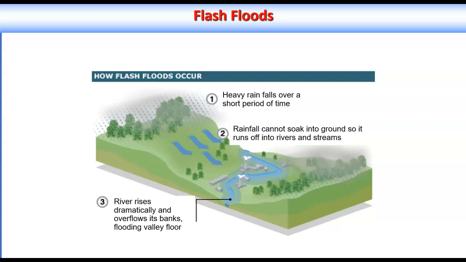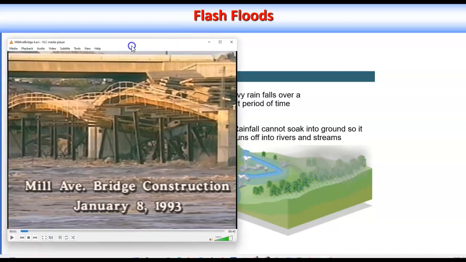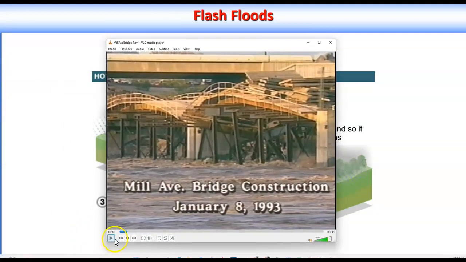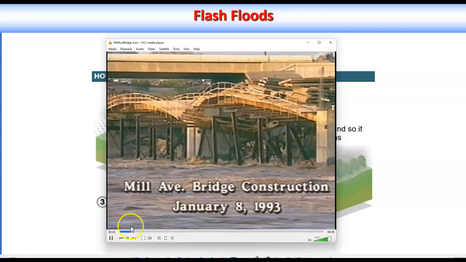But back in 1993, when the Mill Avenue Bridge was being built, there was so much heavy rainfall throughout the state that they had to release a ton of water from the dams, and that flowed down the Salt River. At the time, they were building the Mill Avenue Bridge.